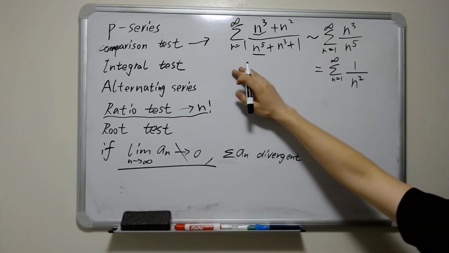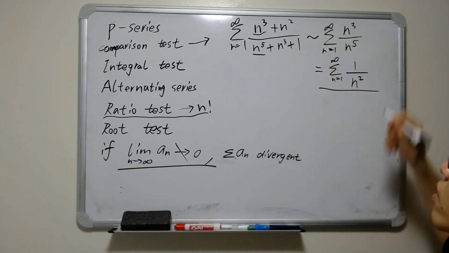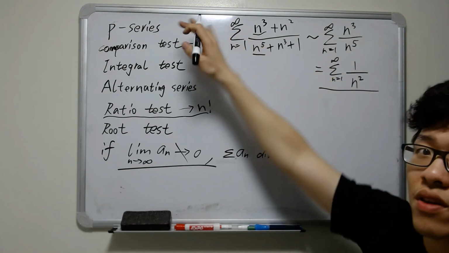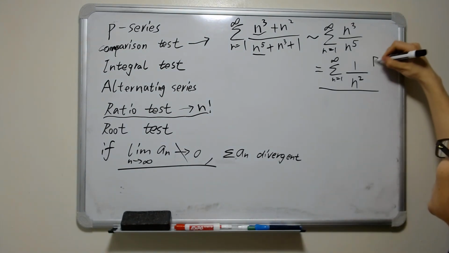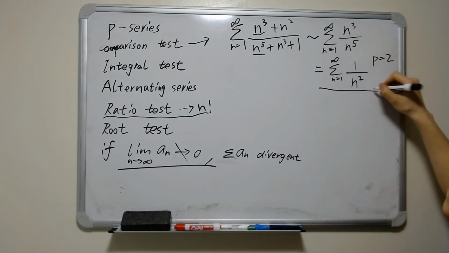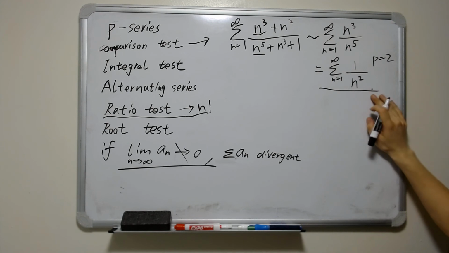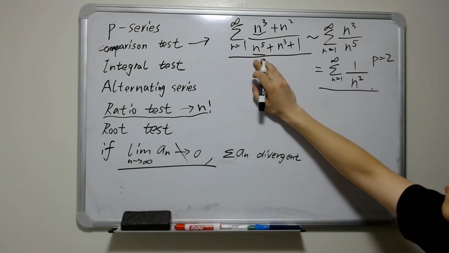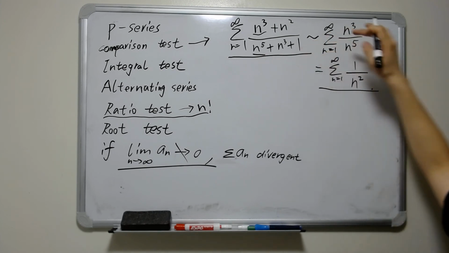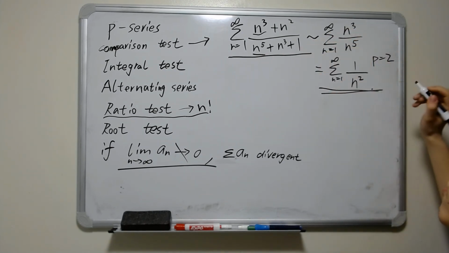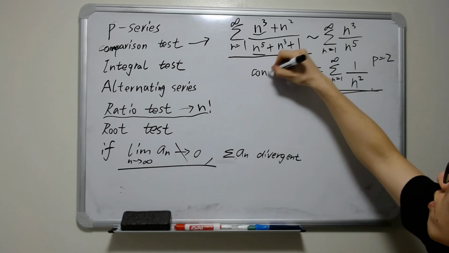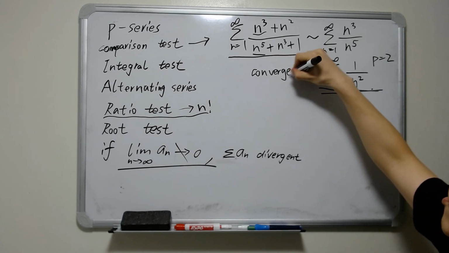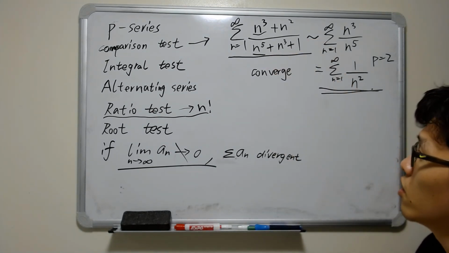This is a p-series with p equal to 2, so it converges. Then we can say the convergence of the original series is the same as this series, which means it converges.